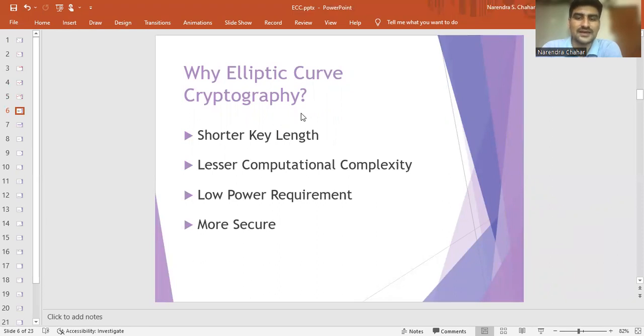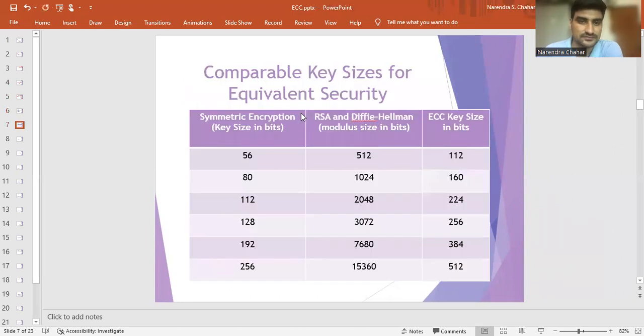But here a lesser complexity is there. The third thing is a low power requirement. Because of lesser complexity and shorter key length, it requires low power, and it is more secure. Why is it more secure? We will talk about this in later slides.